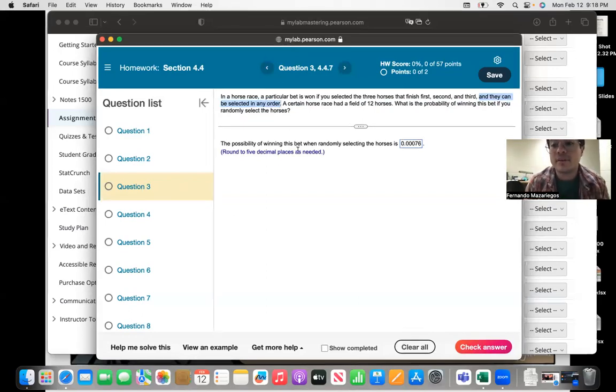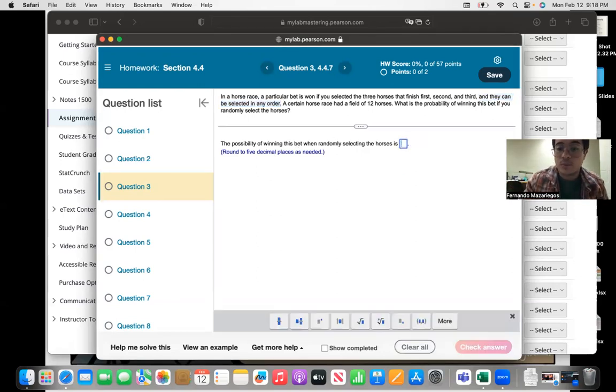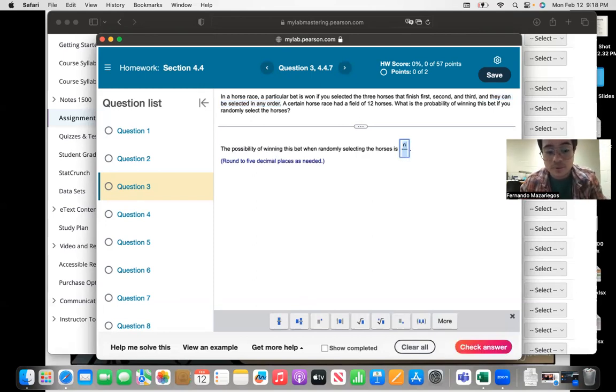So since this is without replacement and the order does not matter, this is a combination. And we know that the formula for a combination is like the one we just saw, n factorial over n minus r factorial. It starts the same, but we have an extra factor in the denominator. So this is 12 factorial over 12 minus 3 factorial times 3 factorial.